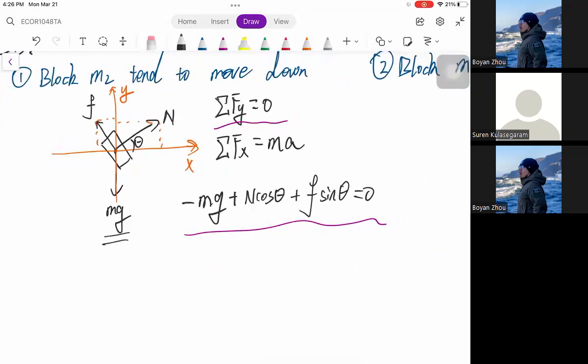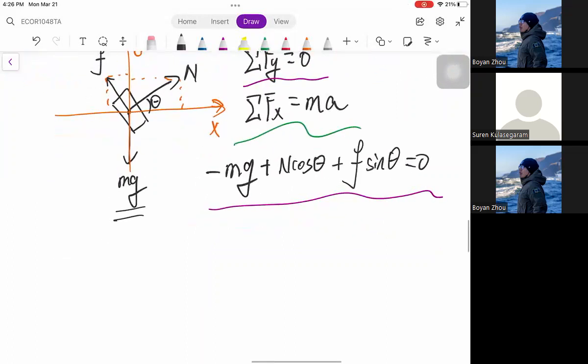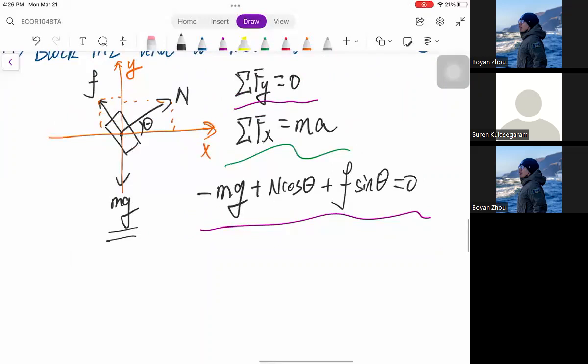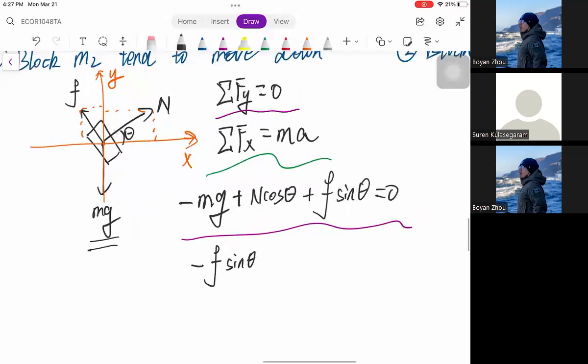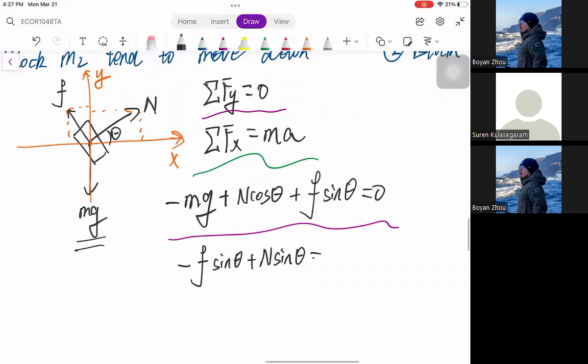And then let's do the horizontal direction, the x direction. That would be negative friction times sine theta plus N sine theta is equal to ma.